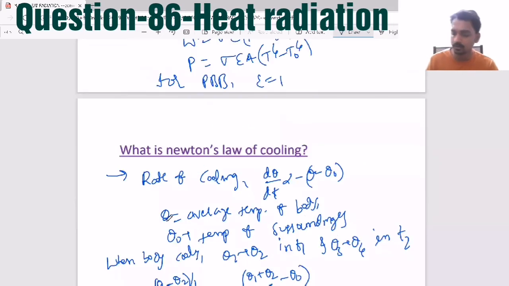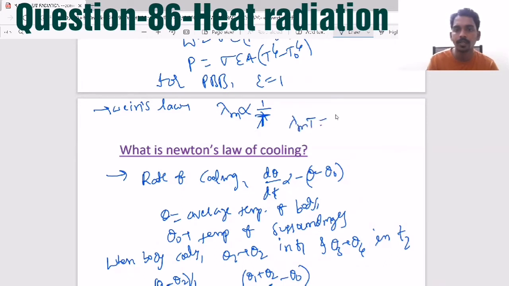Sometimes they can ask you, just telling you here itself, about Wien's law. What is Wien's law? From the surface when heat radiation is emitting, different energies will be emitted with different wavelengths, and the wavelength corresponding to maximum intensity, maximum energy, is inversely proportional to the temperature of the body.